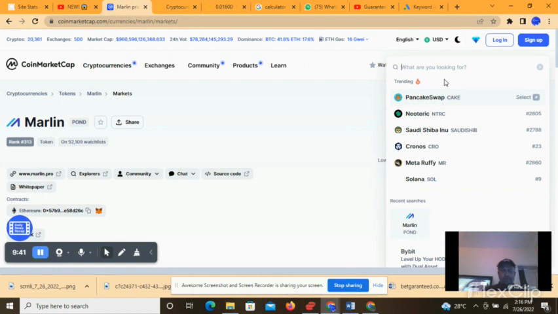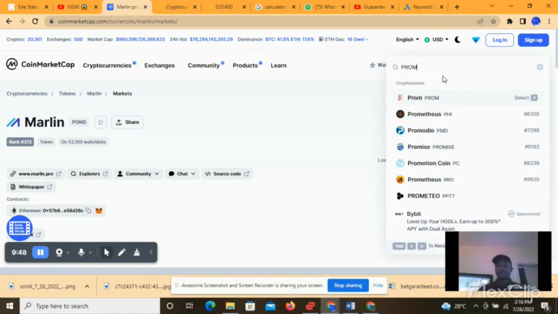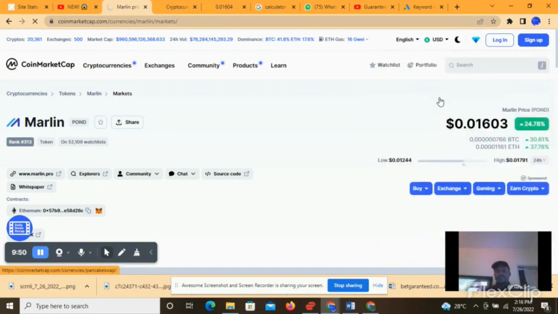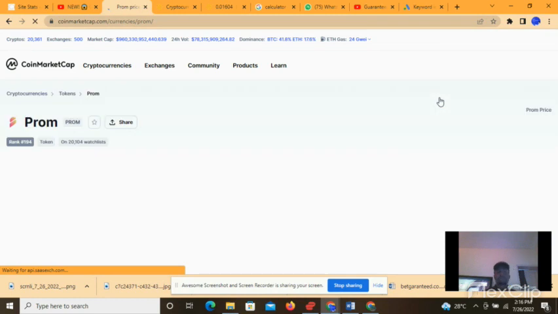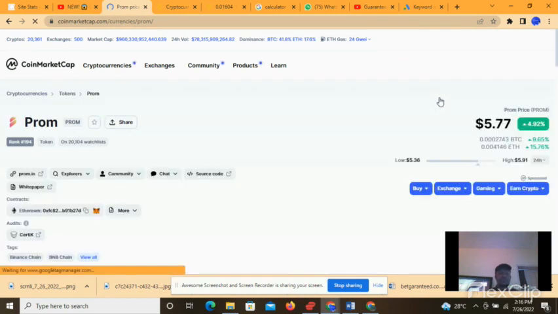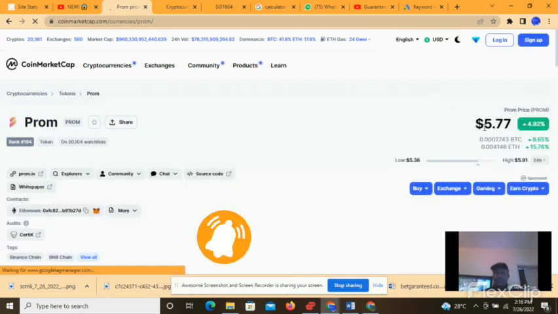The value is 5.77. Let's check the current market prices for this particular crypto.